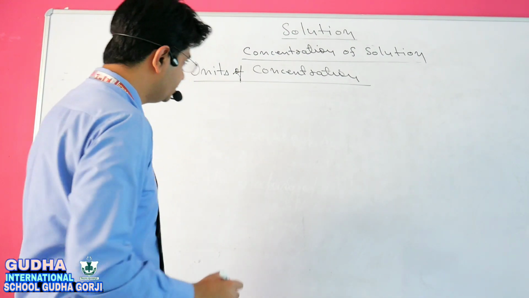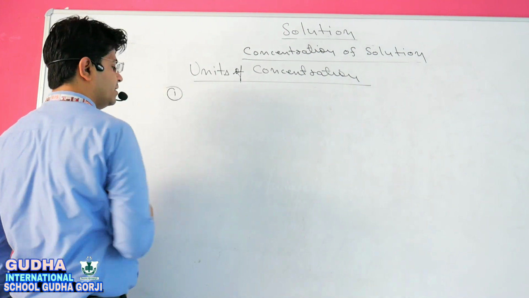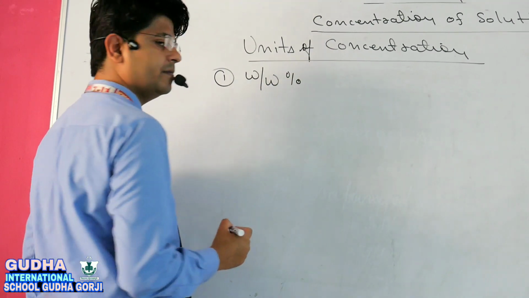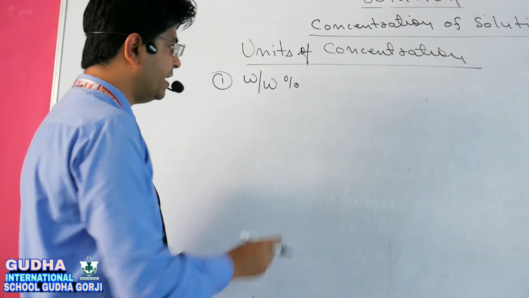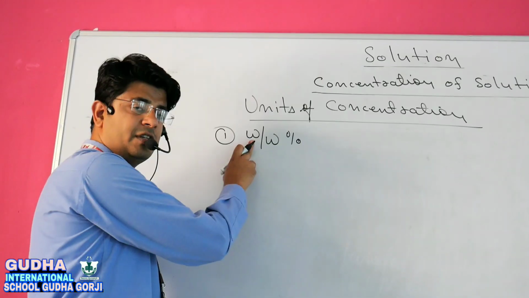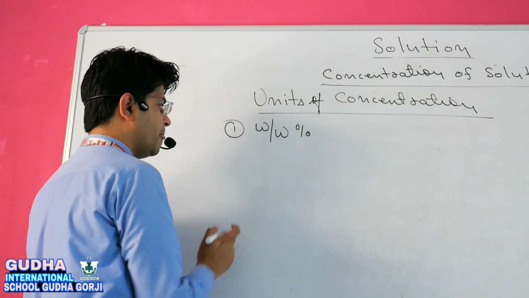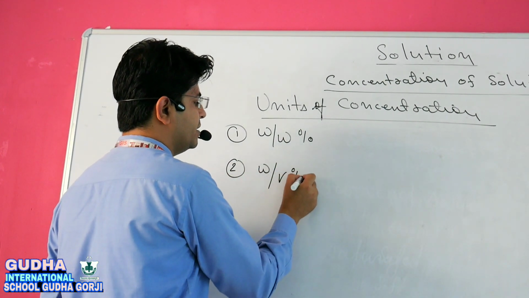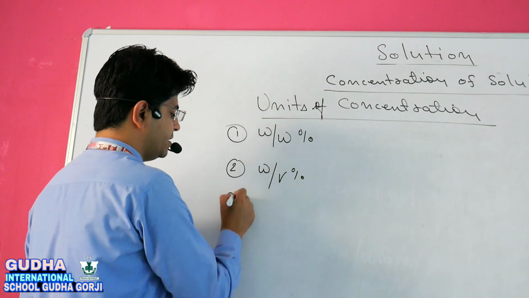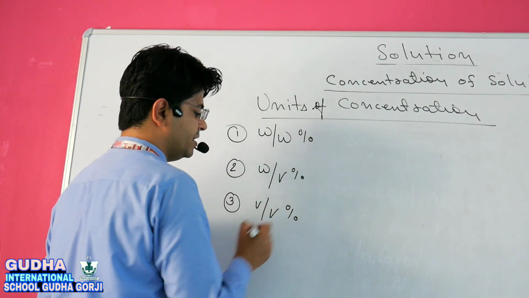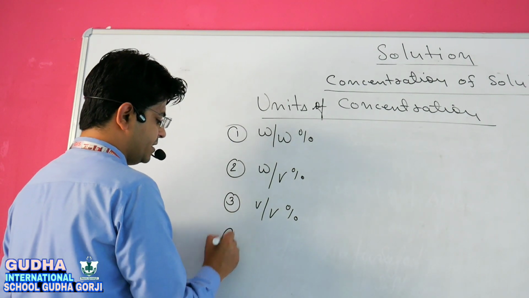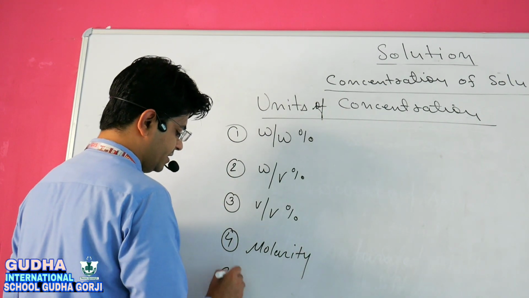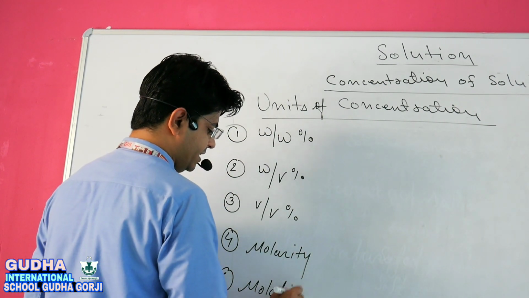See kids, the first unit is mass by mass percentage. Kids, have you noticed this thing? When I have spoken mass, I have written W. So the symbol of mass is W. The second one is mass by volume percentage. The third is volume by volume percentage. The fourth is molarity. The fifth is molality.